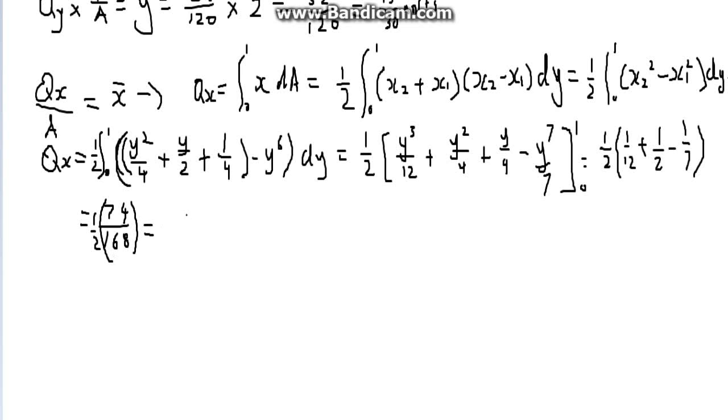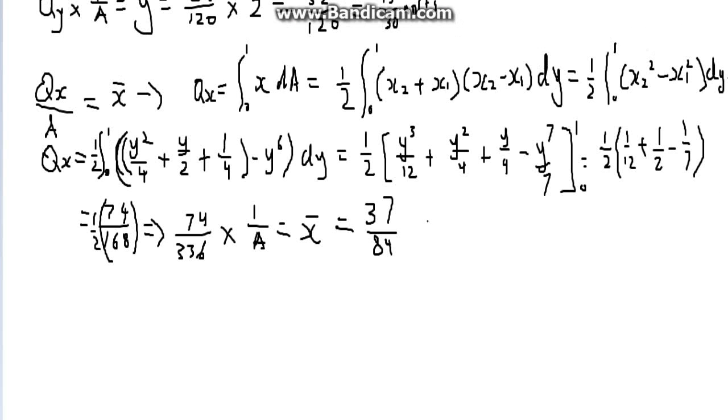This would equal 74 over 336 times 1 over area, which equals x bar equals 37 over 84. Okay, sorry I had to rush this part because I'm just running short on time with these videos. So x bar equals 37 over 84 units.